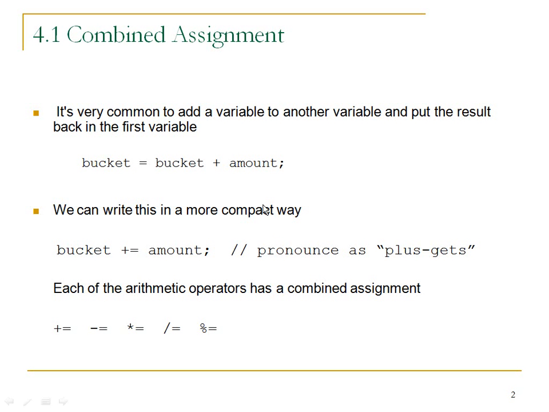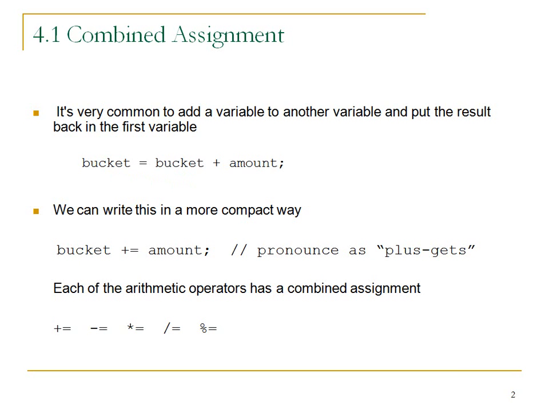So the first shortcut operator we're going to look at is called a compound assignment operator. It's very common that if you have a variable, you want to add some amount to what's already in it and put it back into the same variable. You might think of this bucket as an accumulator variable, and you're going to throw something else into the bucket.